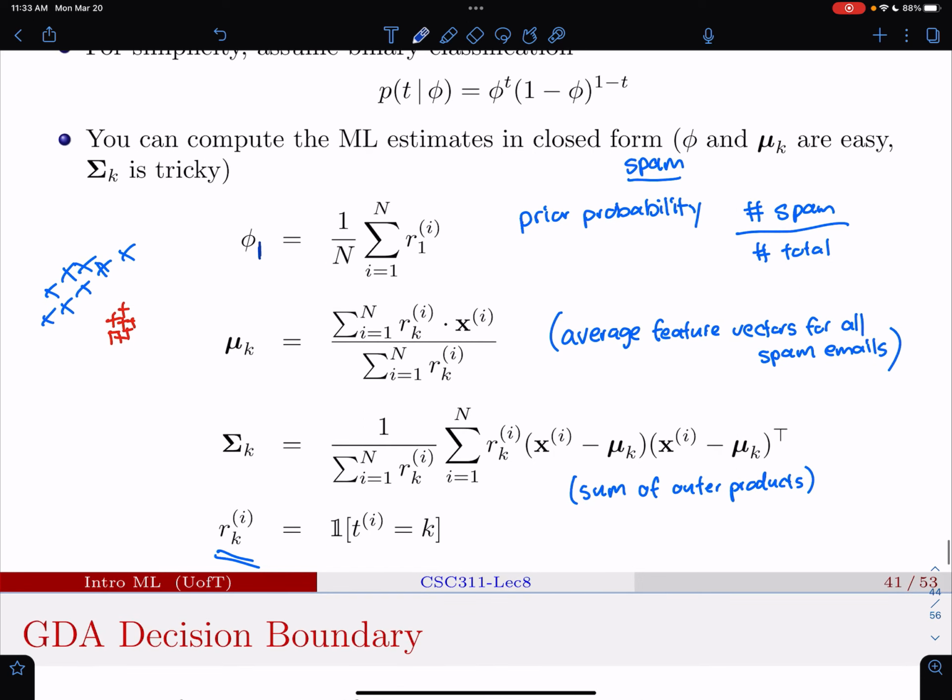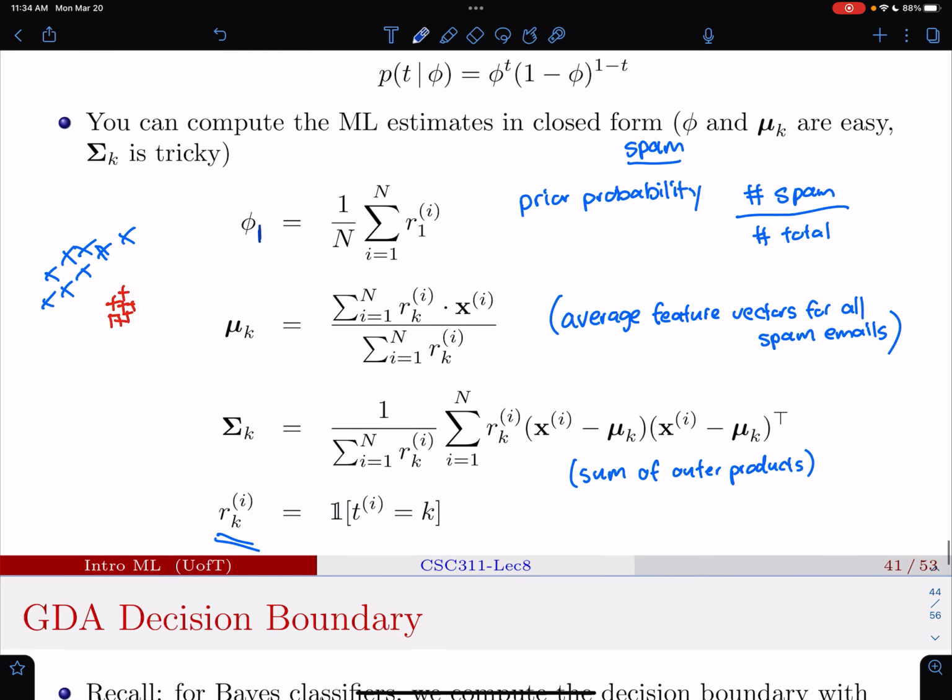So R^i would be 1 if the data is in class 1. The notation's a bit more confusing than it needs to be. The intuitive way to think about it is: it's just however many spam emails you have, that's your proportion. That's your estimate for the prior probability of spam emails. So R superscript i is equal to 1 if it is class 1. Exactly. And in general, for class k, it's equal to 1 whenever it's class k.